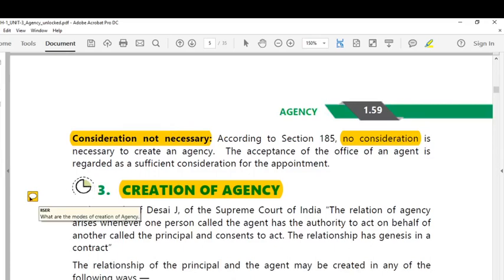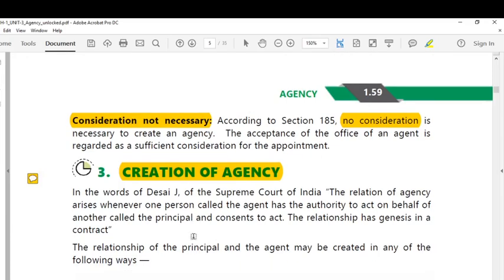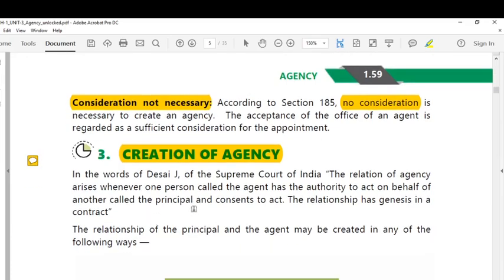And the second topic here is: what are the various modes of creation of agency? How many modes are there to create a contract of agency? So here, in the words of Desai, the Supreme Court of India, the relation of agency arises whenever one person called the agent has the authority to act on behalf of another person called the principal and consents to act.